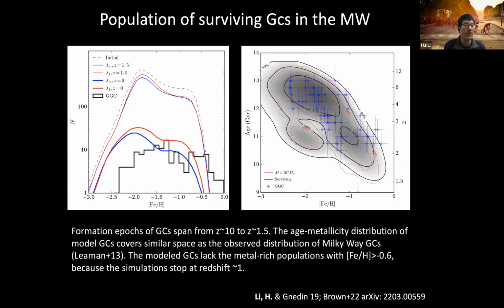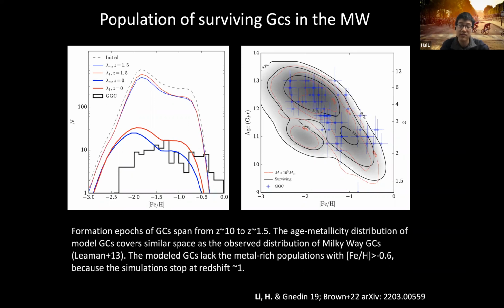But for this simulation, unfortunately, we don't have a setup very similar to the Large and Small Magellanic Clouds. But we are definitely interested in the subhalos and their globular cluster populations. We are still processing the data, and hopefully we can get some new results.